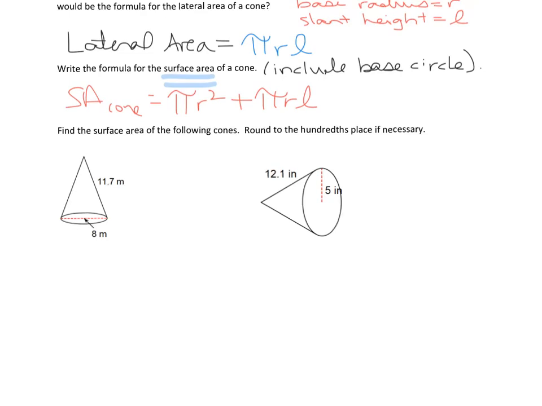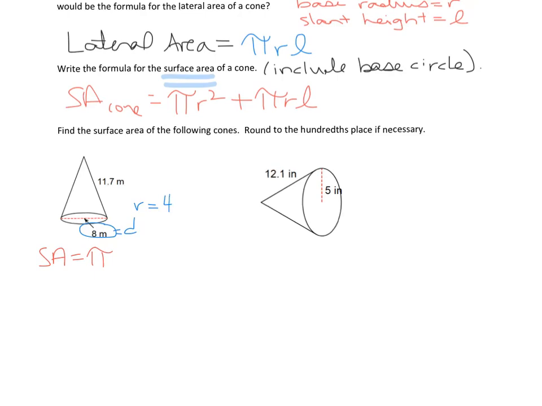And so I'm just going to do the first one with you. Every one of them is going to be set up with that formula. So I'm going to start with surface area is equal to, and we're going to do pi times r, the radius of the circle on the bottom. If you notice here, we don't actually have the radius. They give us the diameter. So our radius is actually going to be 4.